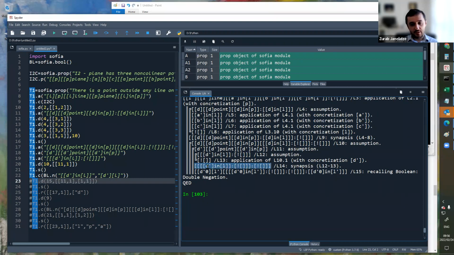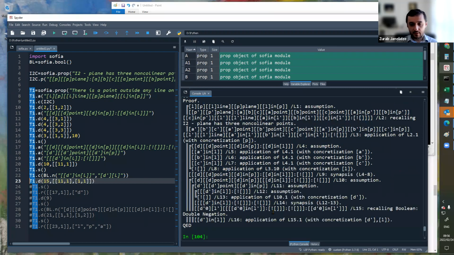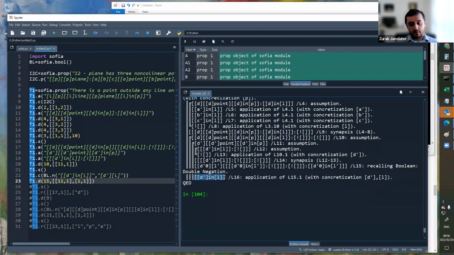We established that having a point lying in L being false is false, right? So by the double negation rule, we can conclude that this point is in L. There we go.